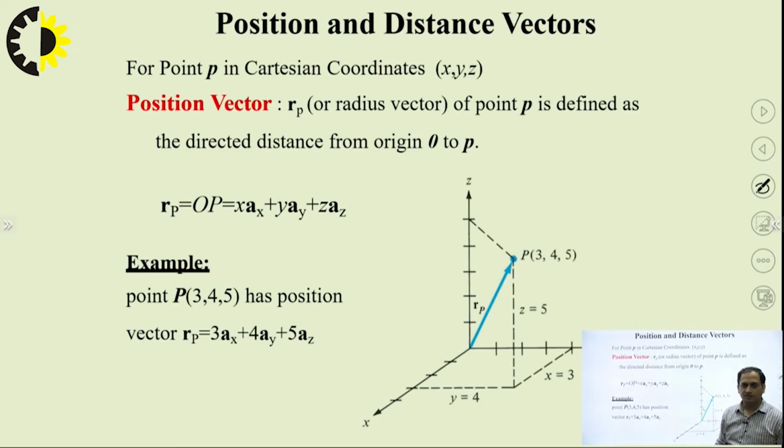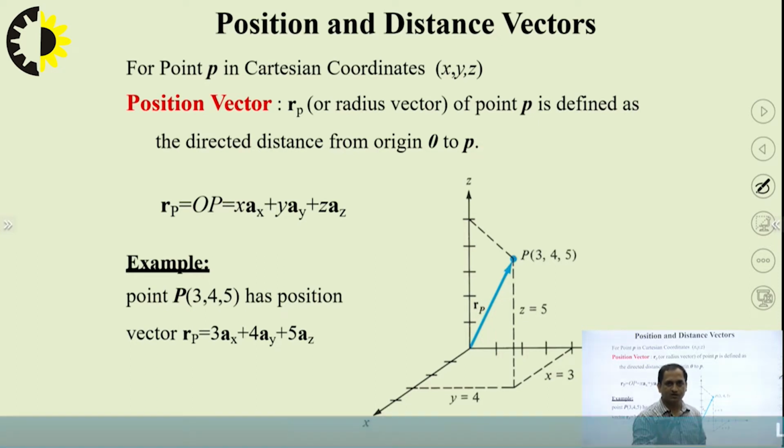Next topic, very important, the position and distance vectors. For point P in the Cartesian coordinate, the position vector is nothing but it represents the point P from the origin. Okay, point P from the origin.